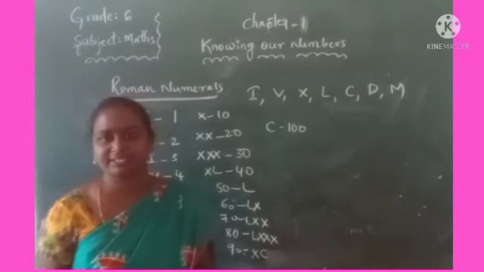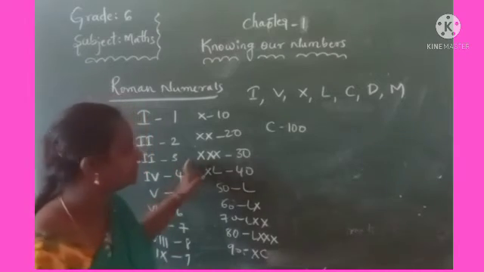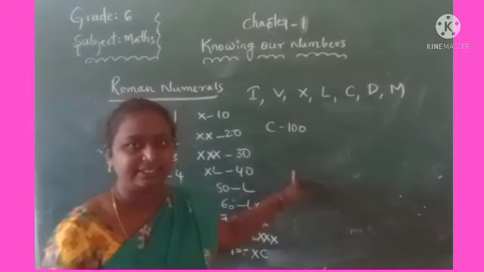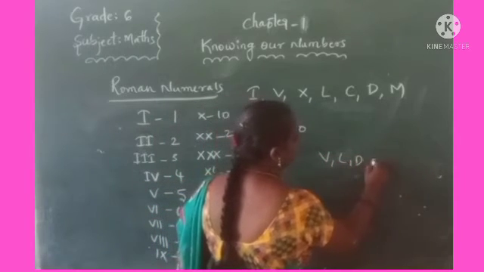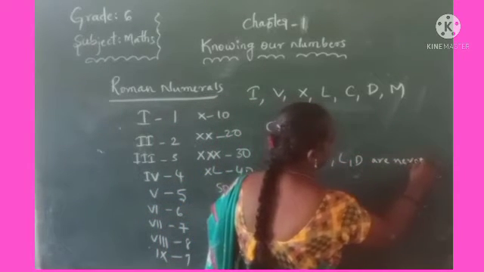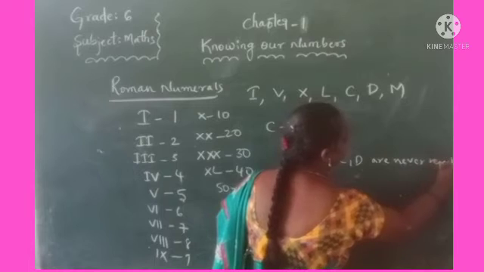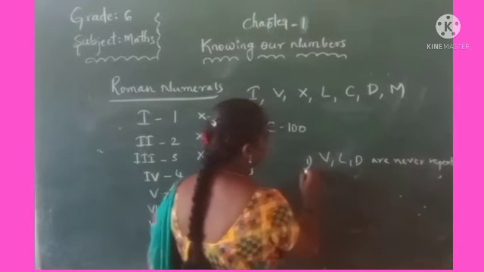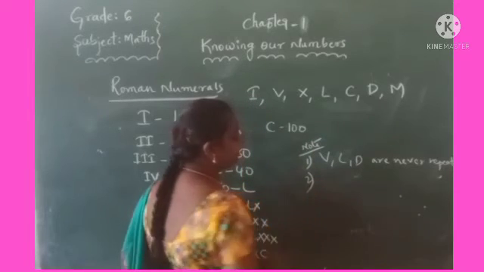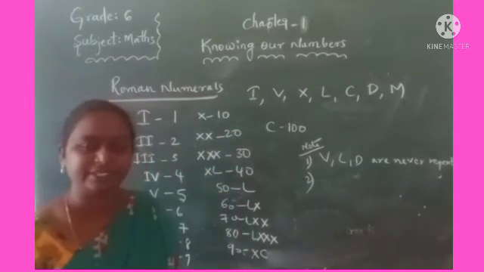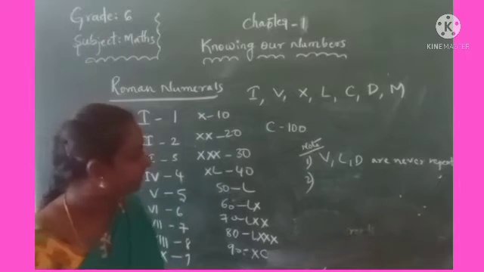Okay, so here some rules are there. When using the Roman numerals, some rules are there. Here you have to remember V and D are never repeated. This is the first condition. And the second one is that C can be repeated at the most 3 times.